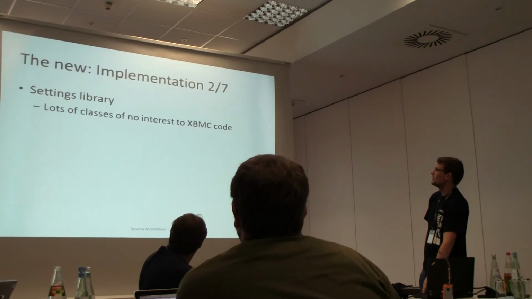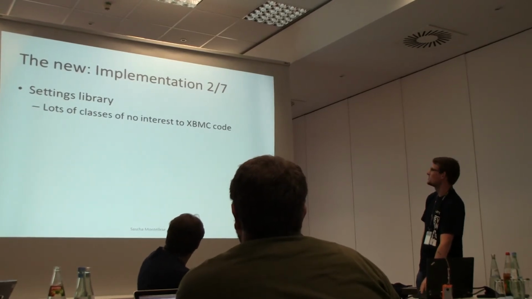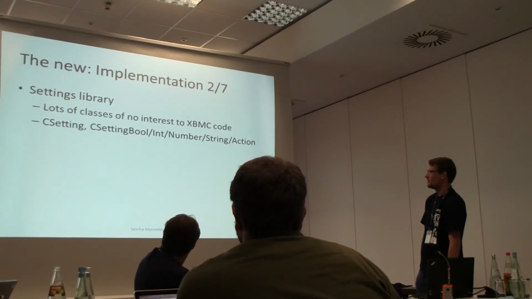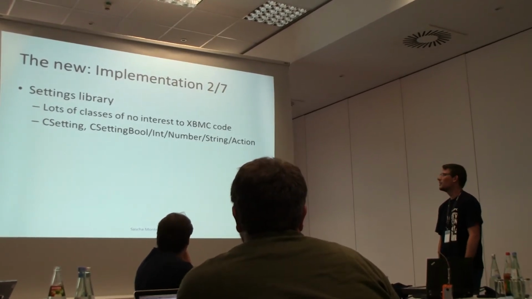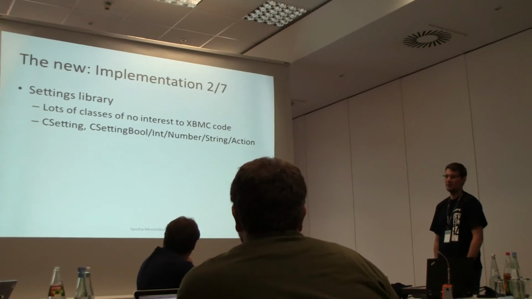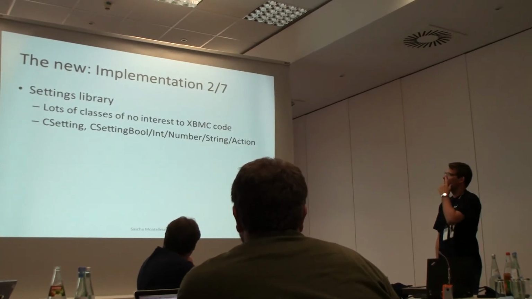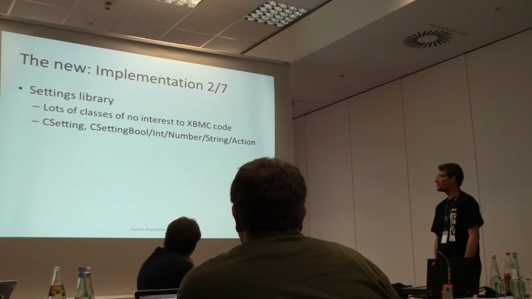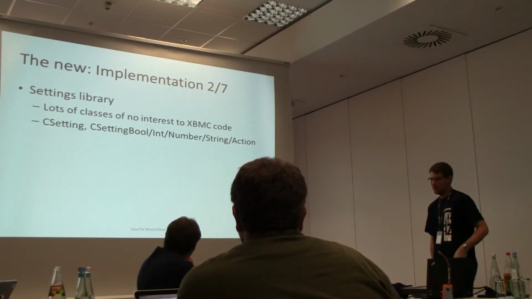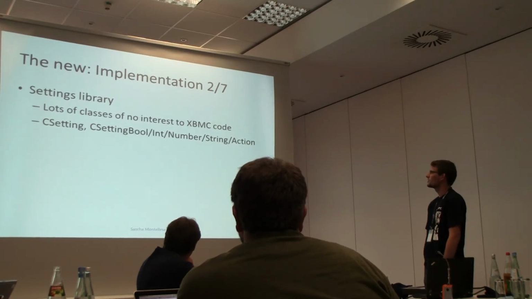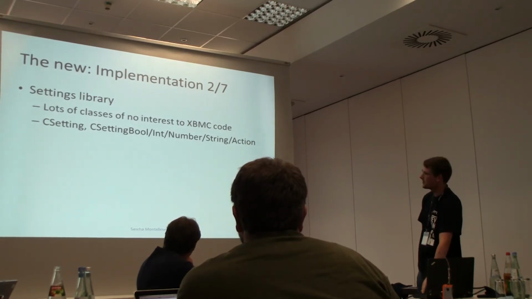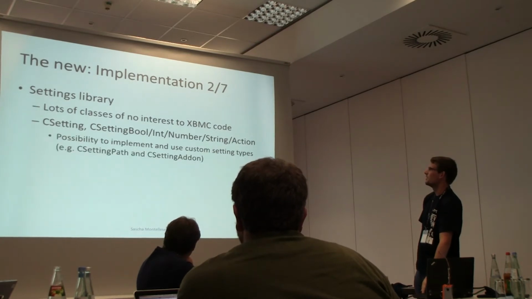The settings library has lots of classes which have no interest to XBMC. There's CSetting, which is the base class for all setting types, where you have stuff like visibility, which is available to all settings. Then you have the type-specific classes, bool, int, number, string, and action, which just have extra attributes, which are then visible in the XML files.